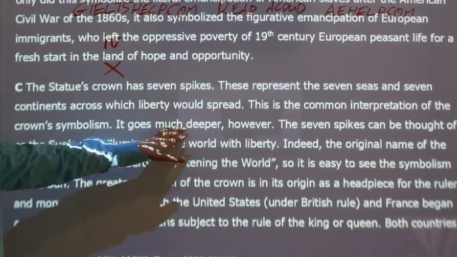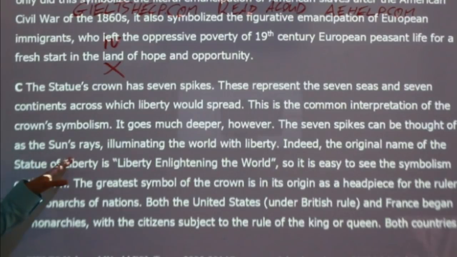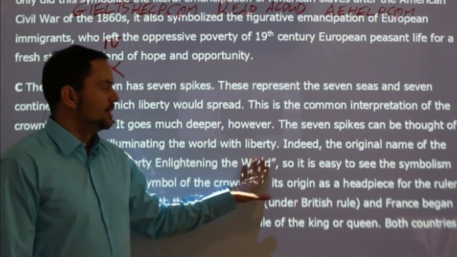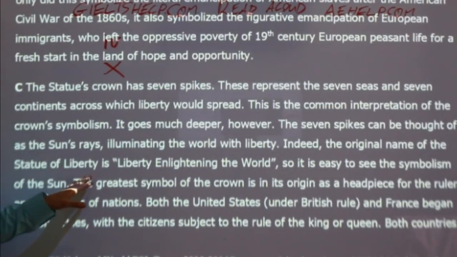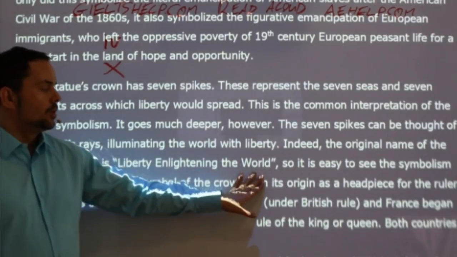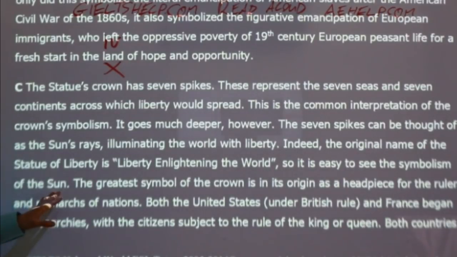It goes much deeper, however. The 7 spikes can be thought of as the sun's rays illuminating the world with liberty. Indeed, the original name of the Statue of Liberty is Liberty Enlightening the World. So it is easy to see the symbolism of the sun.